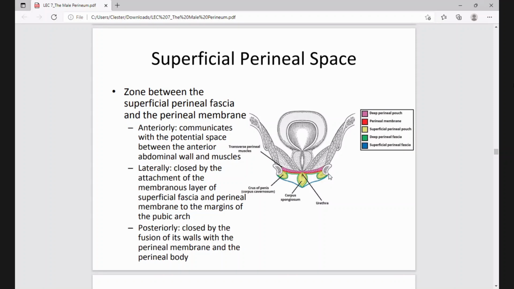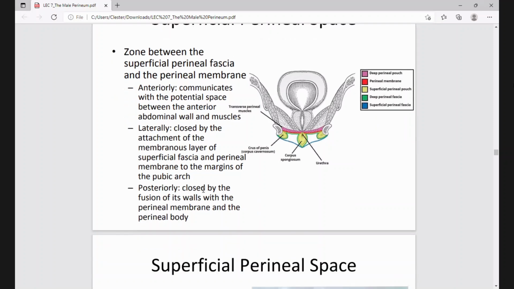And it is there that it is closed. It is closed by the attachment of the membranous layer of the superficial fascia and perineal membrane to the margin of the pubic arch. So yung deep layer also will blend with that of the perineal membrane to close off this space.